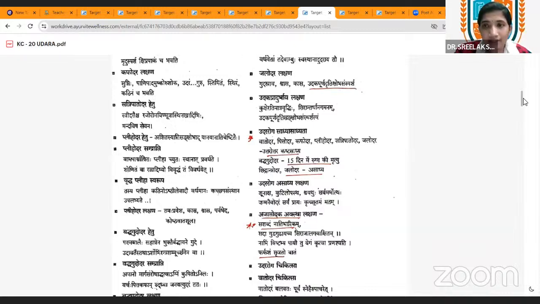And one more point, the Dushya which is mainly present in Udara is Rakta. So Sushruta mentioned Rakta as the dushya in Udara. And the type of Raji, that is Neela Haridra Raji, can be seen here. Neela Haridra Raji is the type of stretch marks that can be seen in Plehodara.